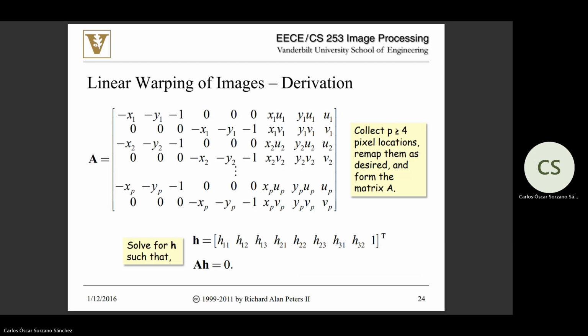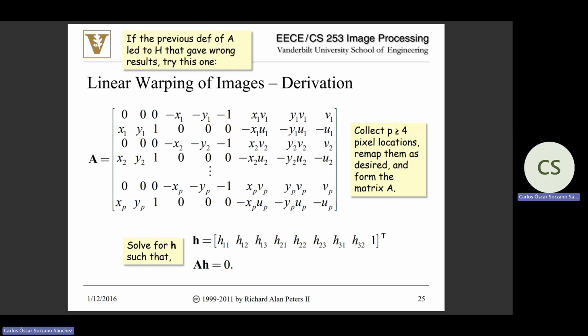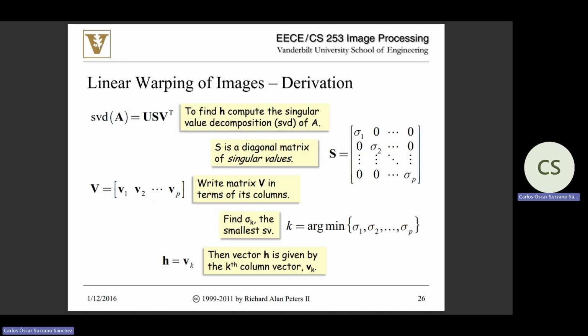So a times h has to be 0. And one possible way of solving that is this one that is here. You do the singular value decomposition of A, that is this expansion.